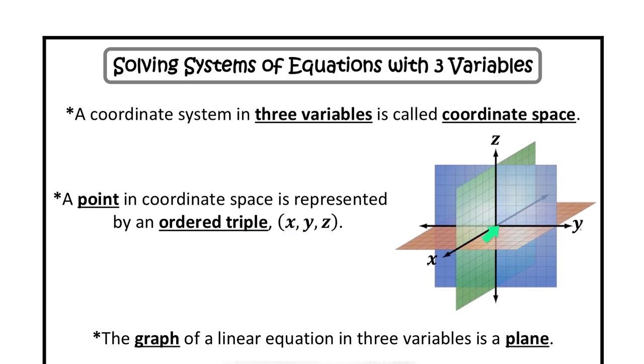Because now I can be located not just on the XY axis, but if I move the point up, then I can also move up or down, right? So it's kind of like if I'm walking around a room, I'm on the floor, and I can tell you where I'm at, XY.